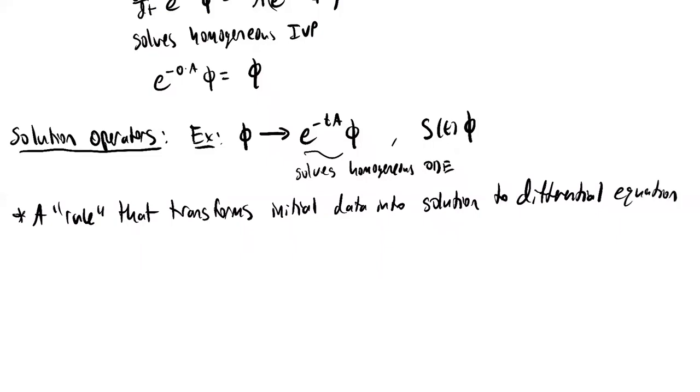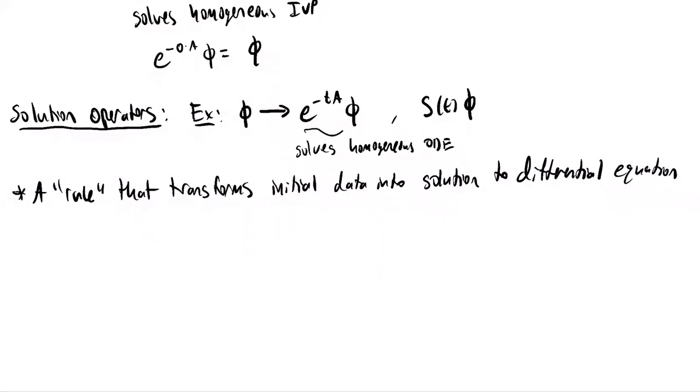Right. And so, well, what's the differential equation that's actually of interest to us? Well, this is the diffusion equation. Right. And so actually up here, we really mean the homogeneous equation, right? Because this solves the homogeneous equation.